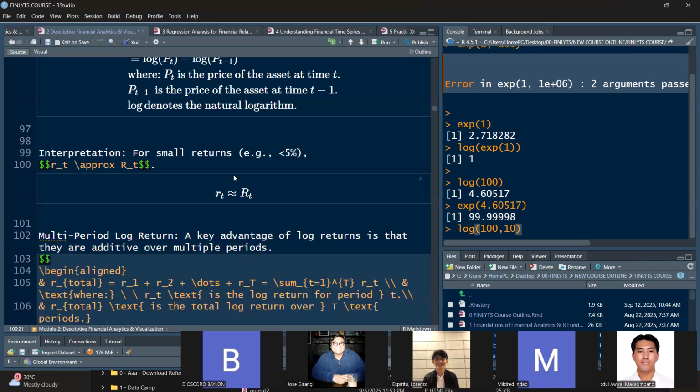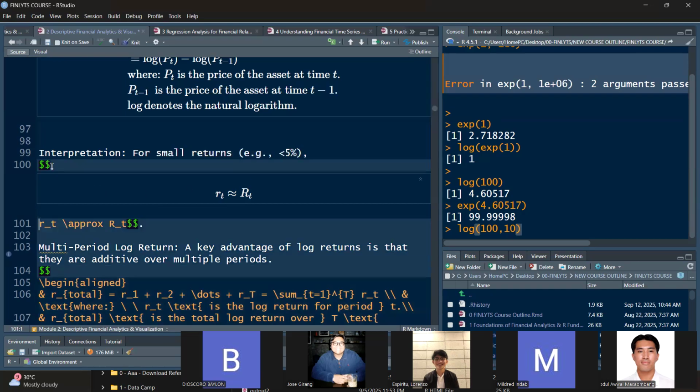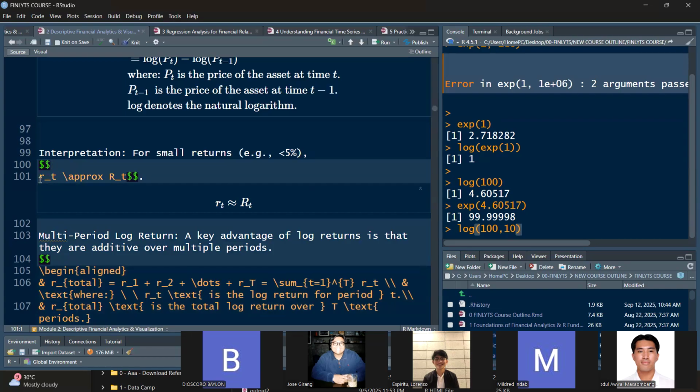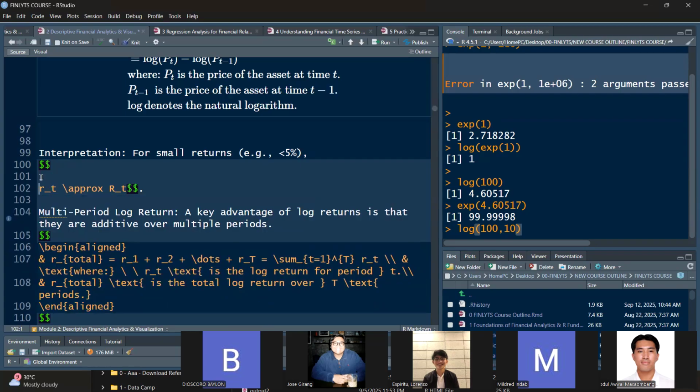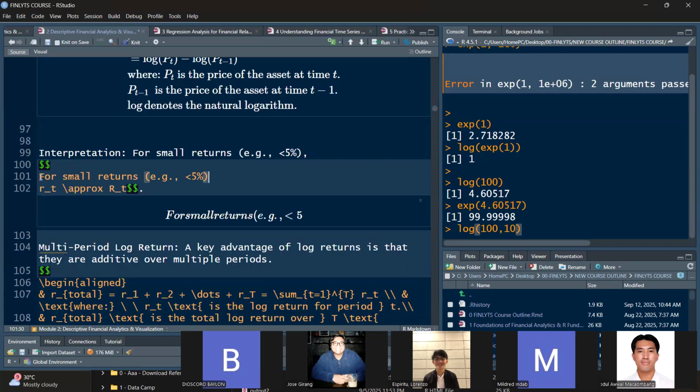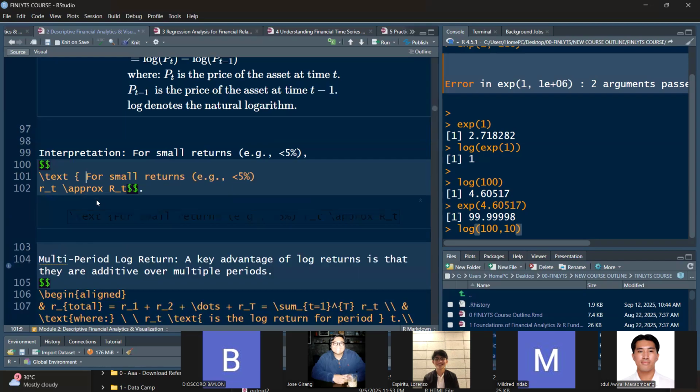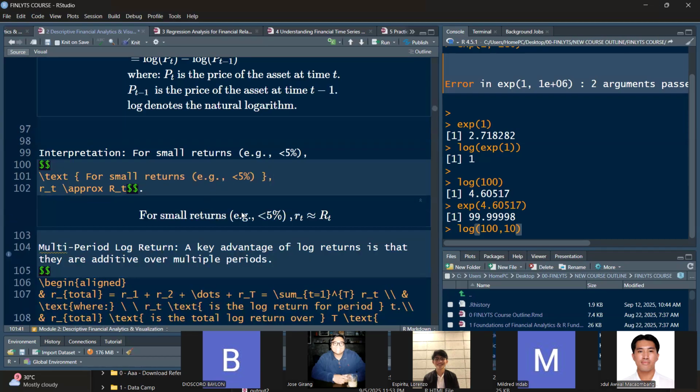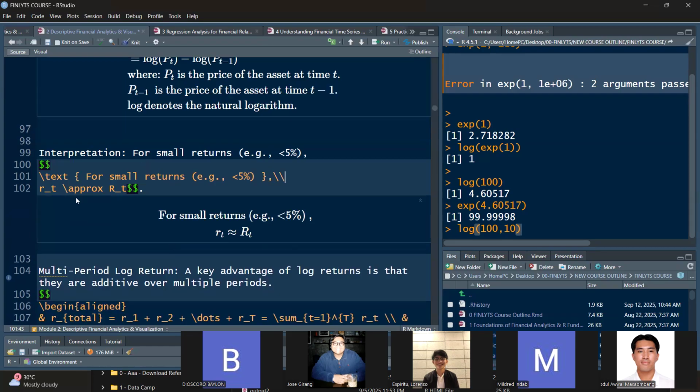Let me put it in LaTeX. I have to put it in text. Next line. There you go.